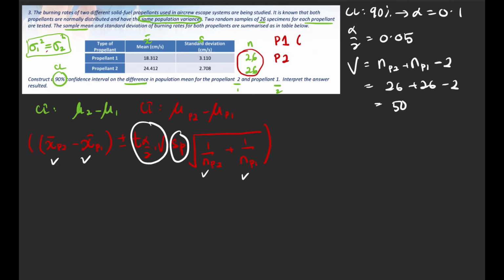Okay, so t 0.05, nu is 50, is equal to 1.6759.